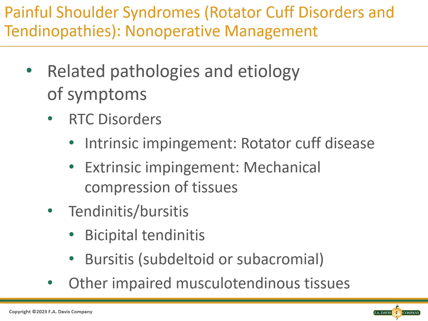Tendinitis and bursitis, so our most common is going to be our bicipital tendinitis. Remember, the long head of our biceps runs through the bicipital groove in the humerus, and inflammation there, it's got a tight space to pass through, and so that can cause significant irritation. Bursitis can happen at the subdeltoid or the subacromial bursa. We can also see impairment of other musculotendinous tissues, but these are going to be our most common that we will encounter in the clinic.